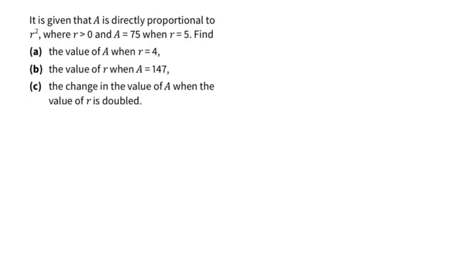Hello everyone, welcome to this problem where we are required to solve this problem. And one thing that caught my eye is the two quantities are directly proportional, meaning that the general formula will be y equals to k times x.